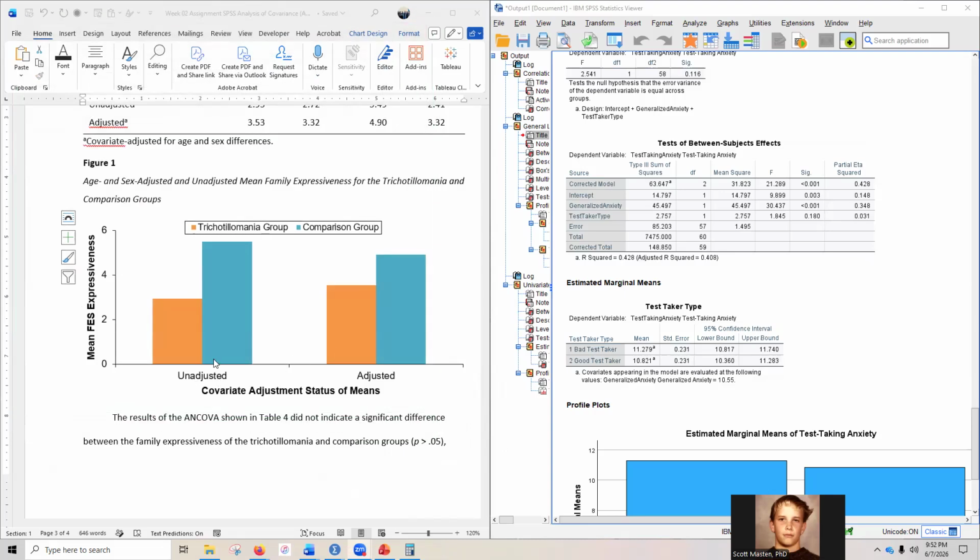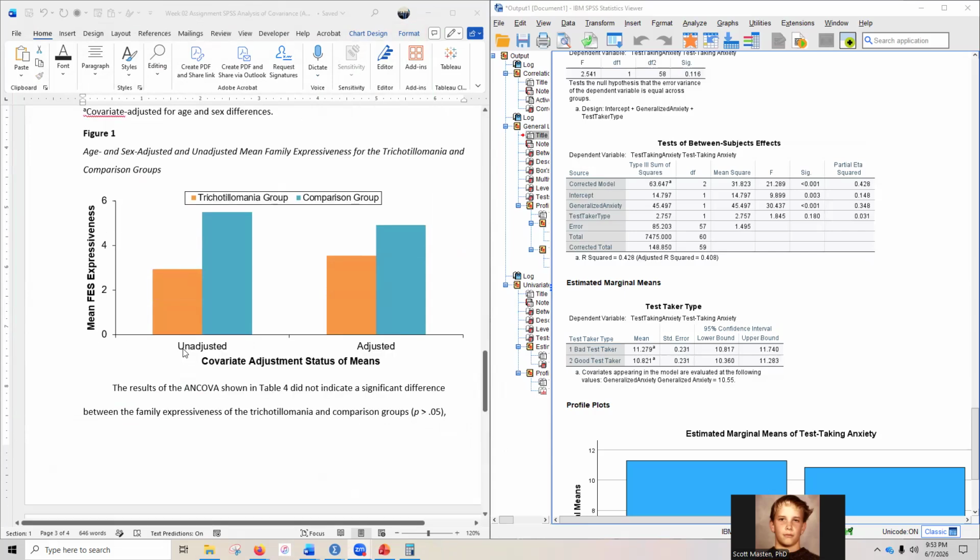Then you just tweak things so that you've got a good y-axis, starts at 0, doesn't have too many values. It'll update these titles as well. And you need to change the y-axis to, in this case, mean test-specific anxiety. Anyway, that's how you do that. Hopefully that helps you guys this week. And that's that.